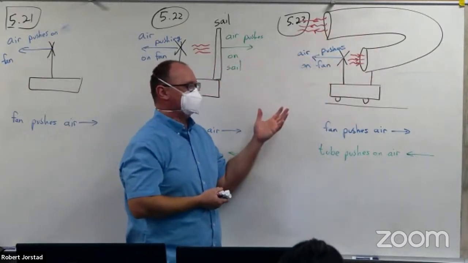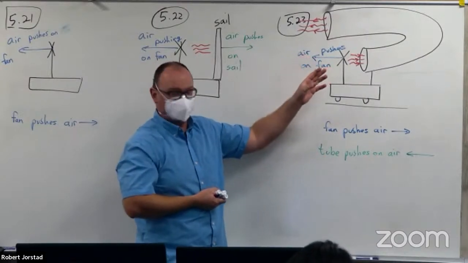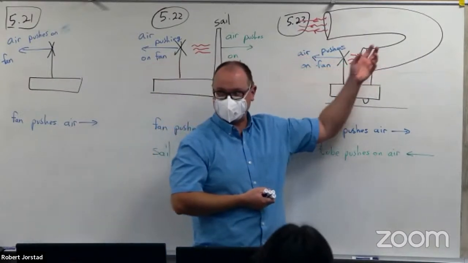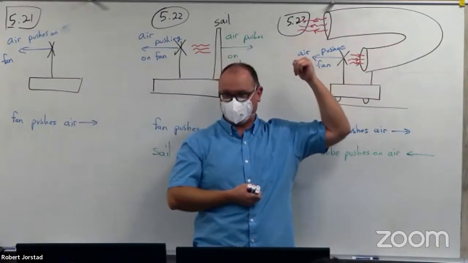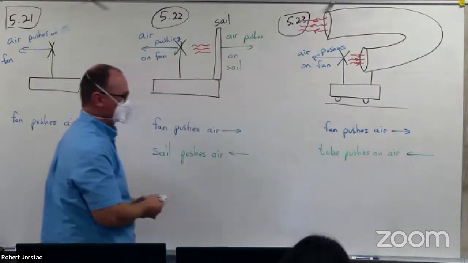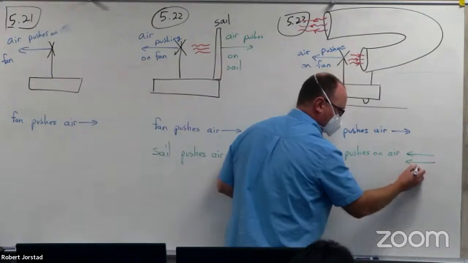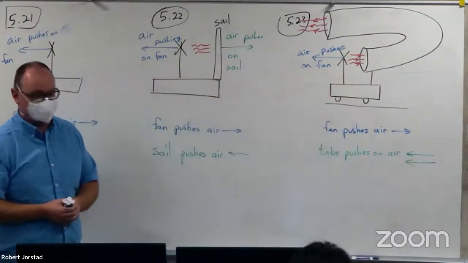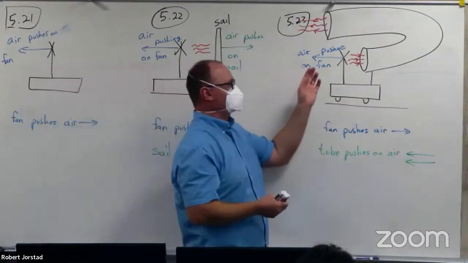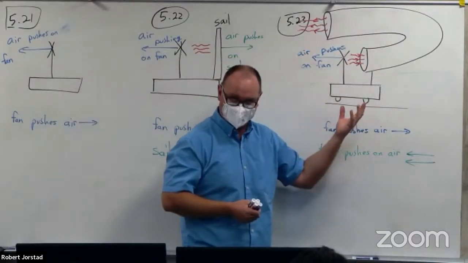So in this case, the fan only has to get the air up to speed, whereas the ducting not only has to stop it, but then reverse its direction effectively. Which one do you think has to push harder? The tube, probably about twice as hard. It takes more force to reverse the direction of something than it does to stop it or to start it.